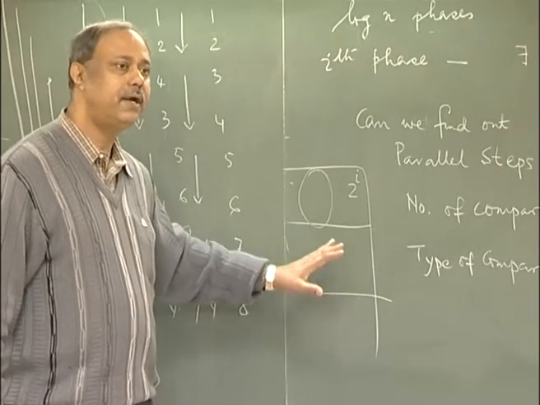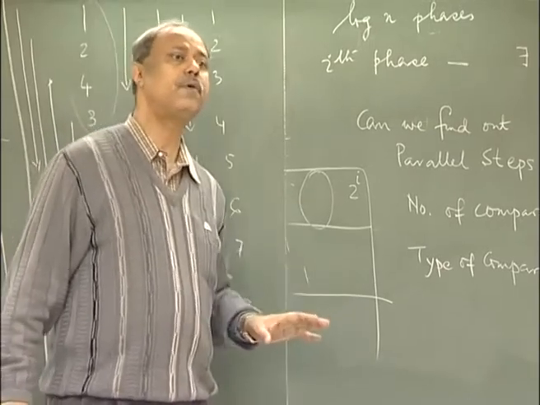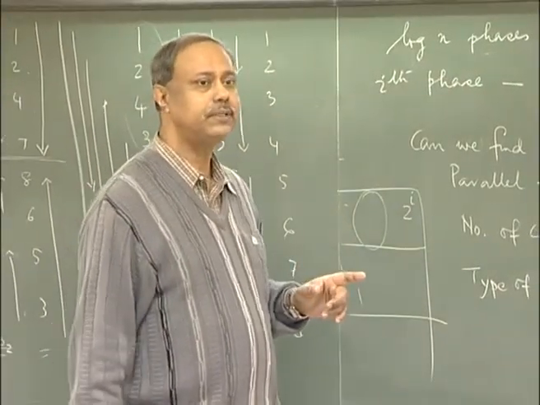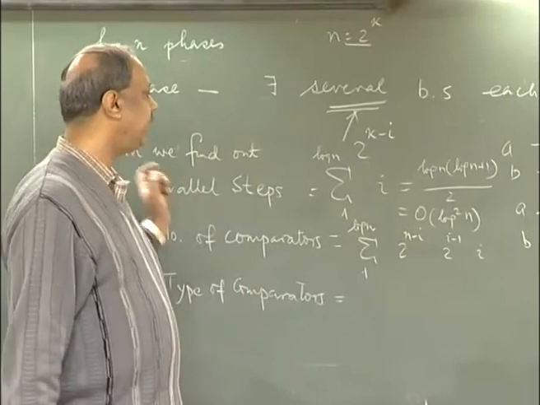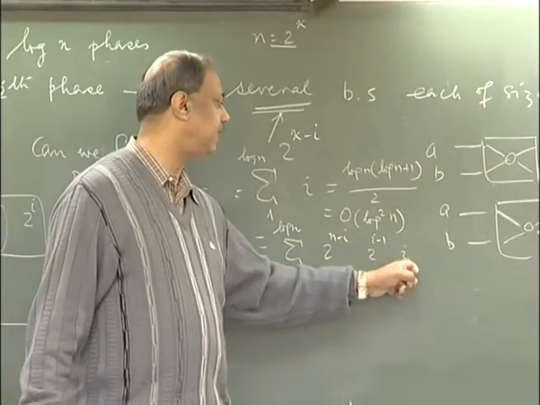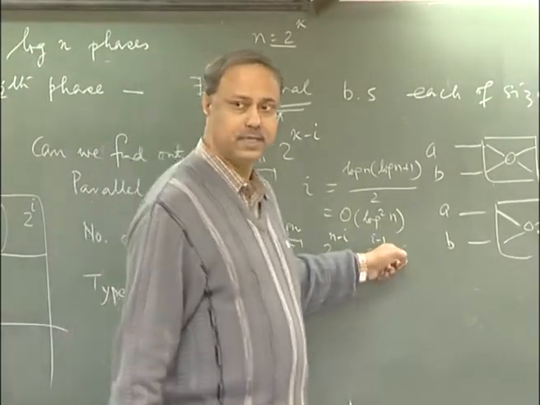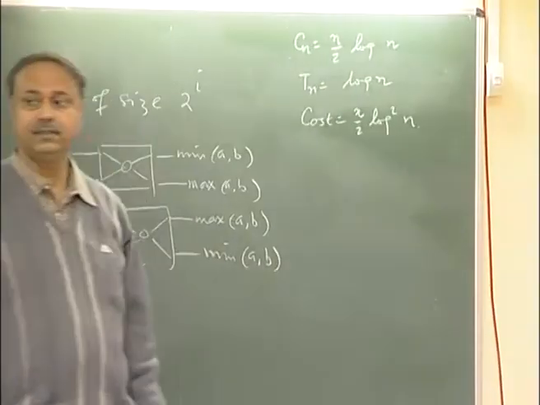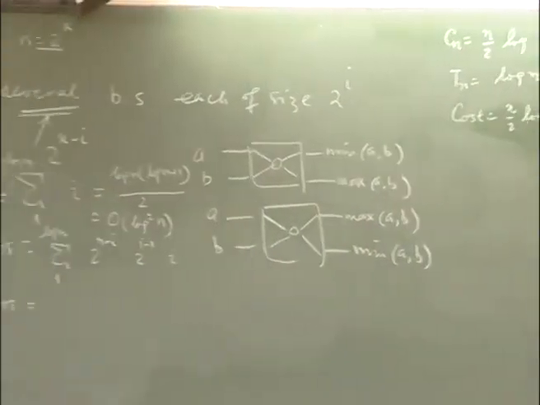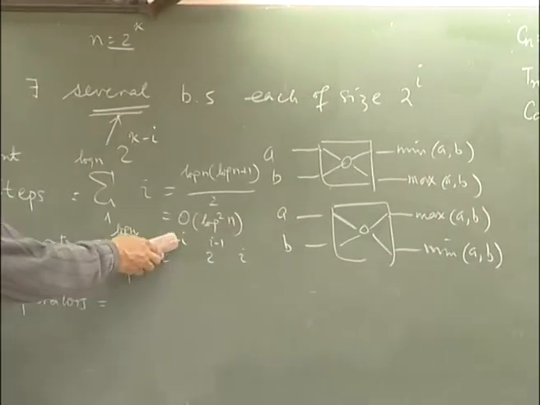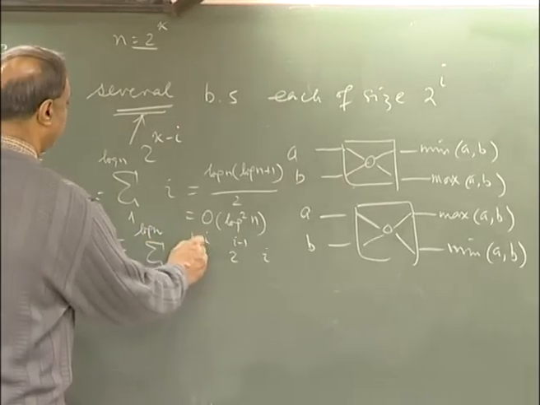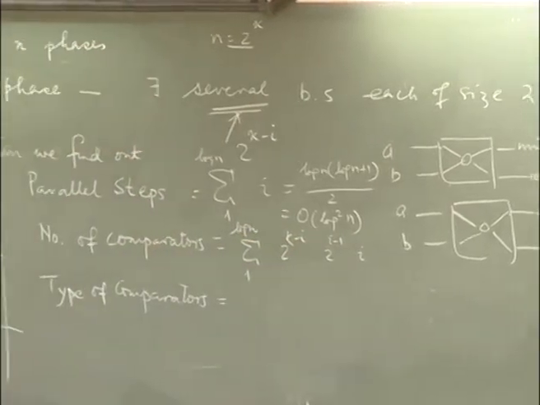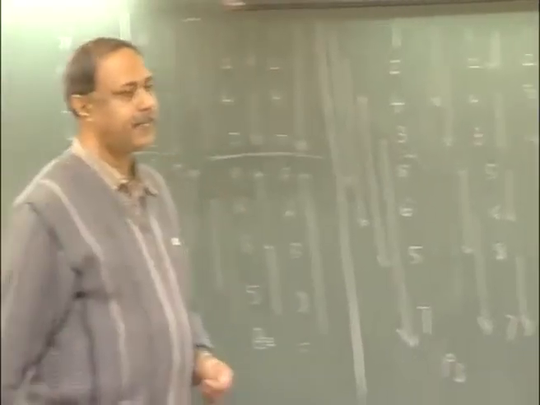Each part is of size 2 to the power i, which is a bitonic sequence. To do that, you need the number of comparators i into 2 to the power i minus 1, which has come from here. 2 to the power k minus i, yes. Agreed?